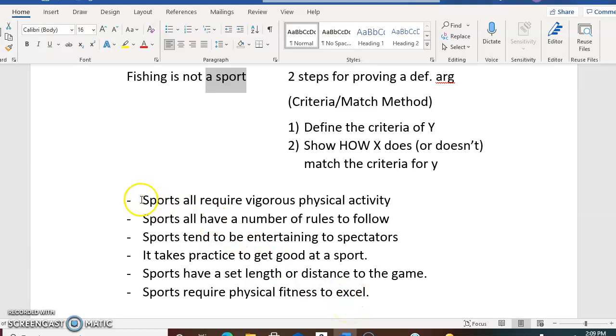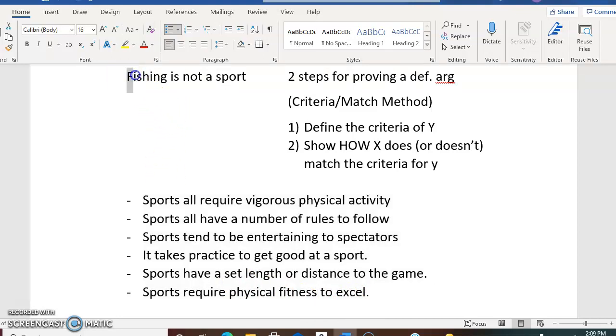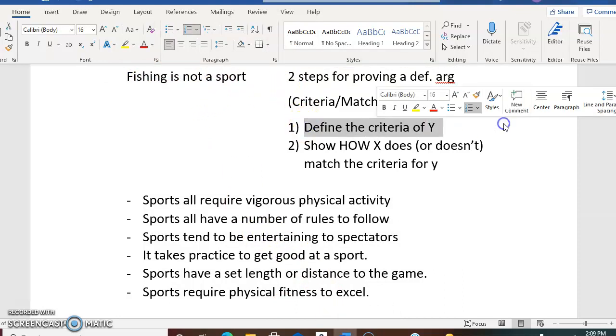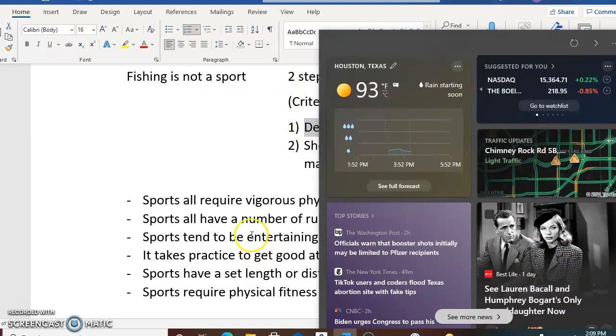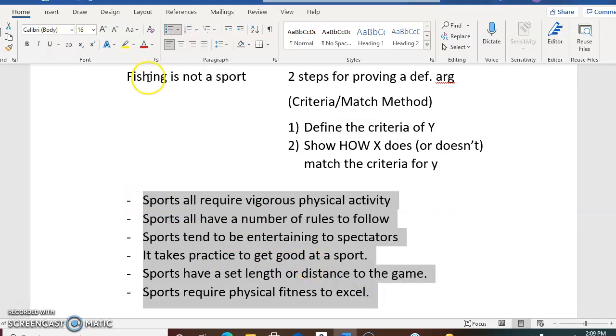Now, could we come up with another definition of sport than this one? Yes, we absolutely could. The point is that I know that I'm trying to prove that fishing is not a sport. And so when I'm defining the criteria of Y, I'm trying to come up with criteria that I know fishing will not match.